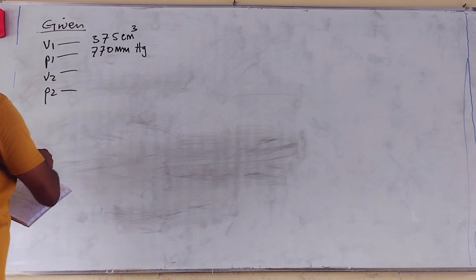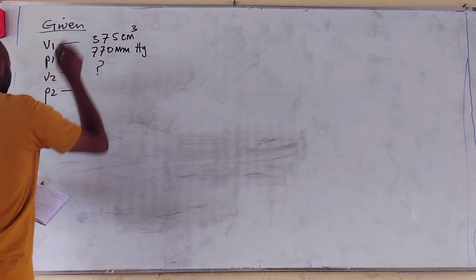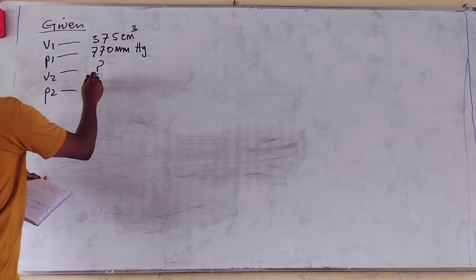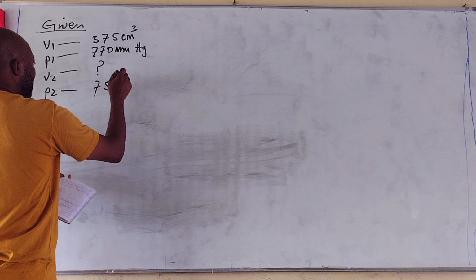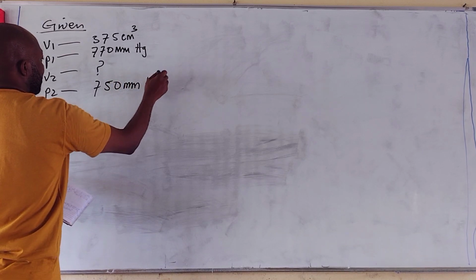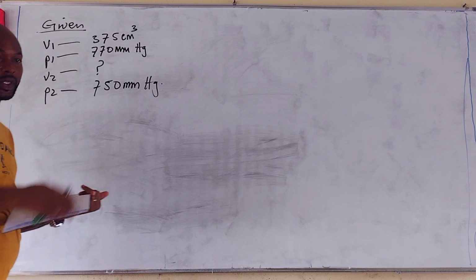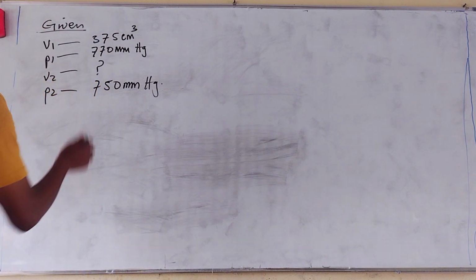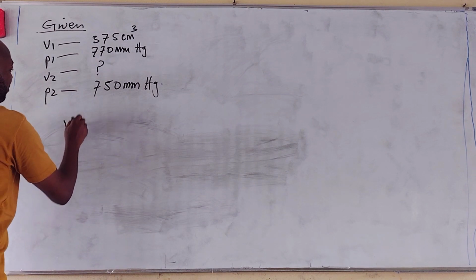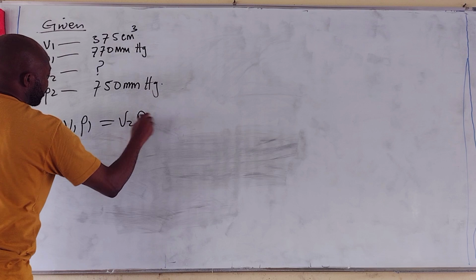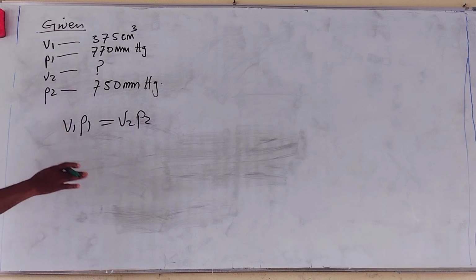Find its volume, V2. We should look for that, if the pressure is reduced to 750 millimeter of mercury. So we proceed. Our formula again says V1 P1 is equal to V2 P2. We are looking for V2 again.